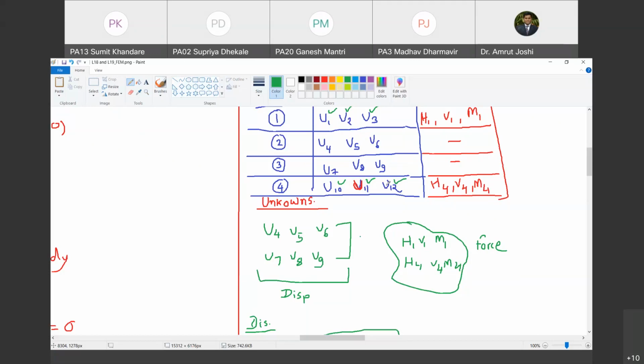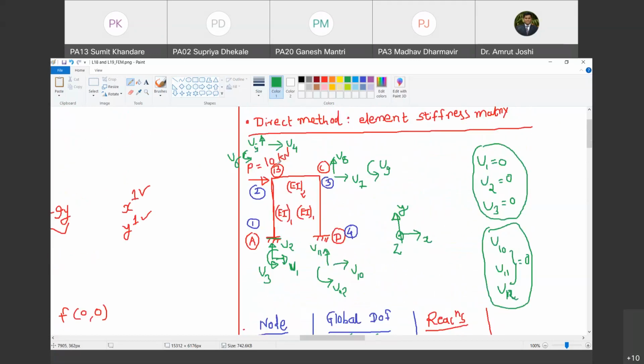Yes, sir. Then what about the displacement in between the element? If I take this point, what is the x, y, z directional displacement of this point? I am going to use shape functions, that is, interpolation functions, and I'm going to write the displacement there as a function of nodal displacement. Are you with me? Yes, sir.